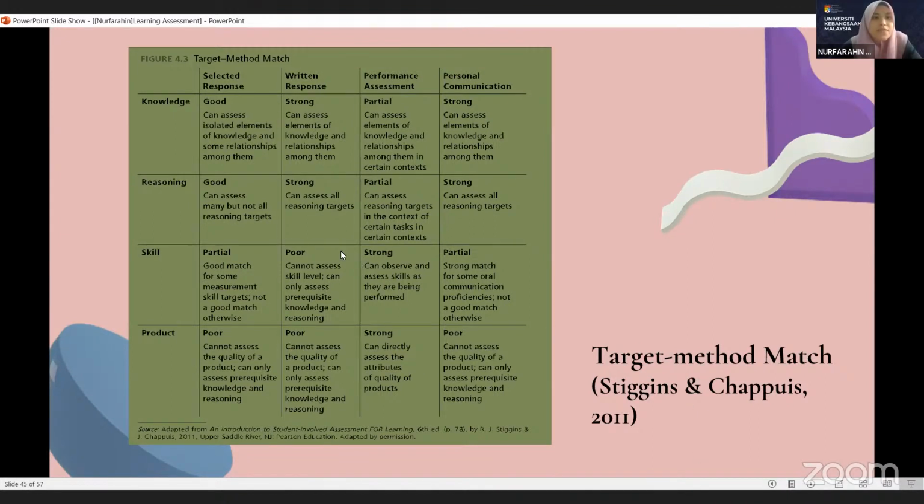According to them, if you are looking at a knowledge target, the most appropriate assessment method would be either written response or personal communication. Stiggins and Chappuis also provide some rationales and justifications behind it. You can always go back to this slide and look at it.